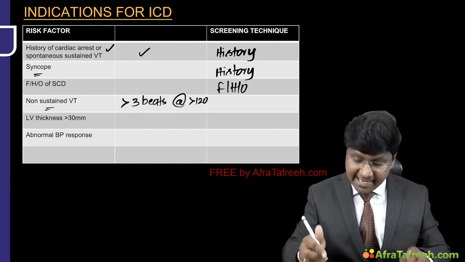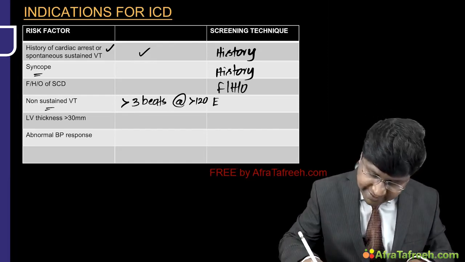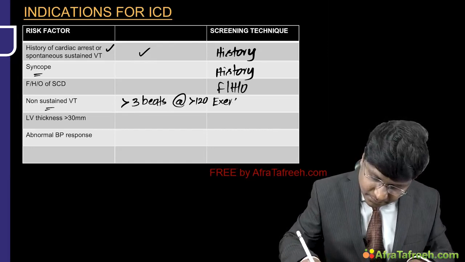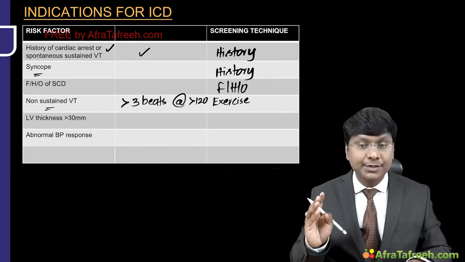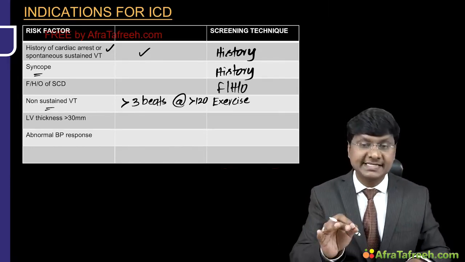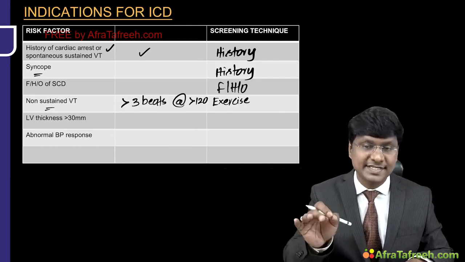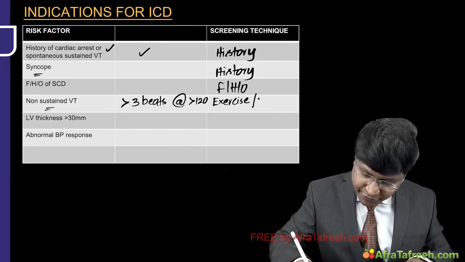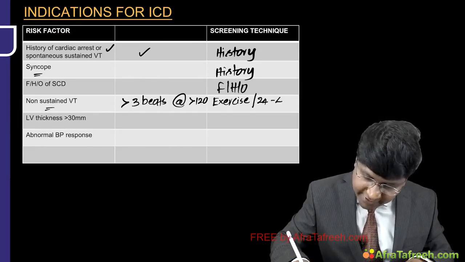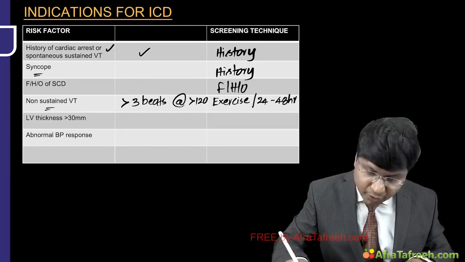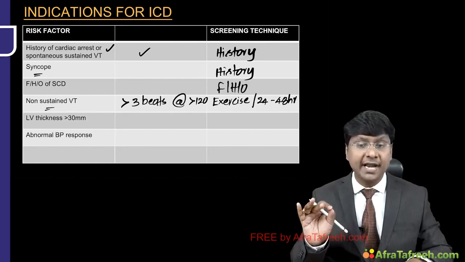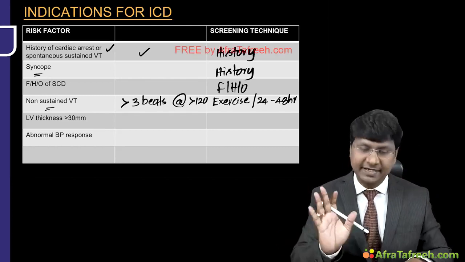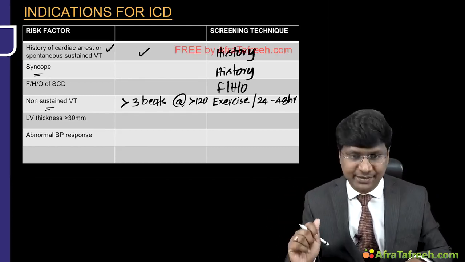Either you make him do an exercise and check whether there is development of non-sustained VT or not, or you need to do 24 to 48 hour ambulatory monitoring for the development of this non-sustained VT.